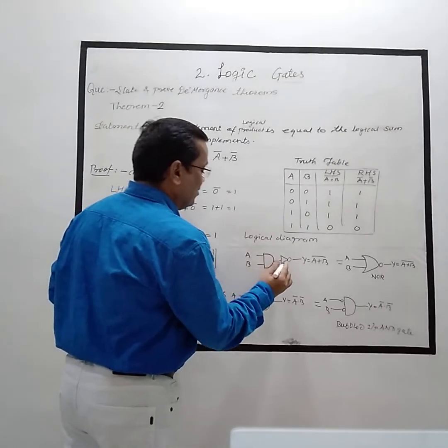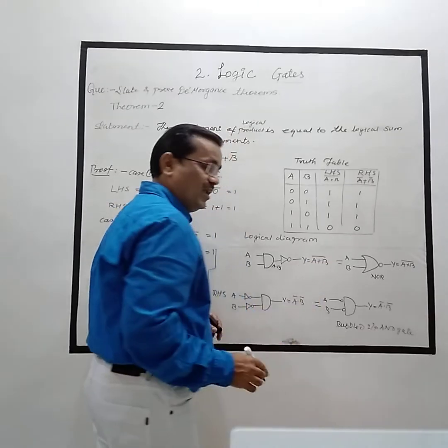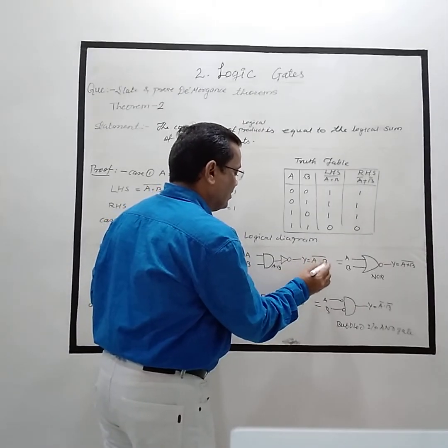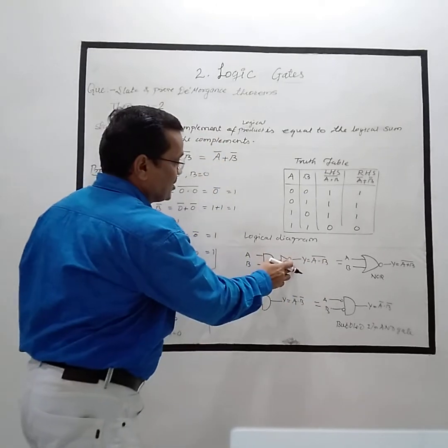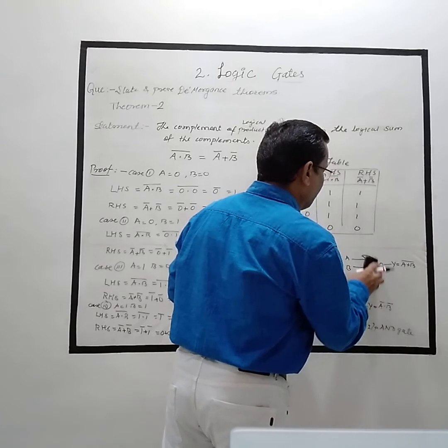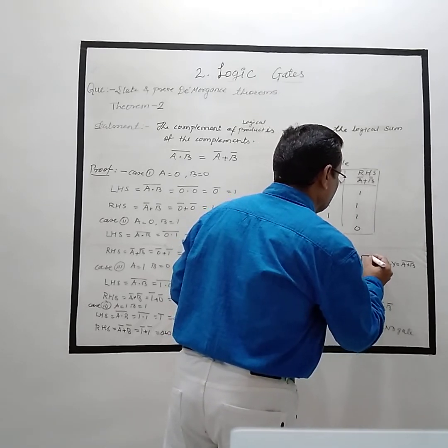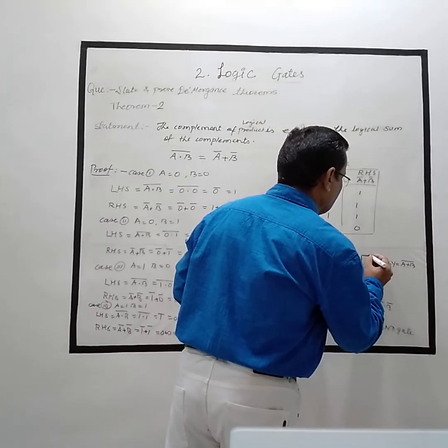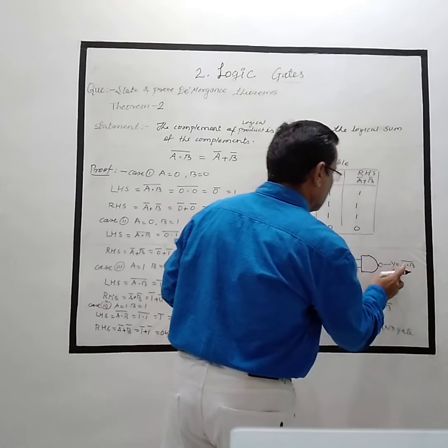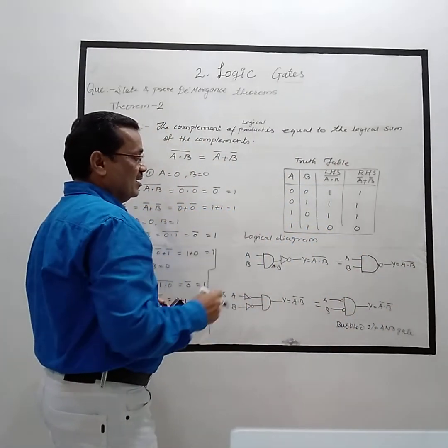A dot B, we are getting here A dot B, and finally at the output A dot B's complement. So here it is LHS, which is equivalent to a NAND gate. So NAND gate will be at the LHS.